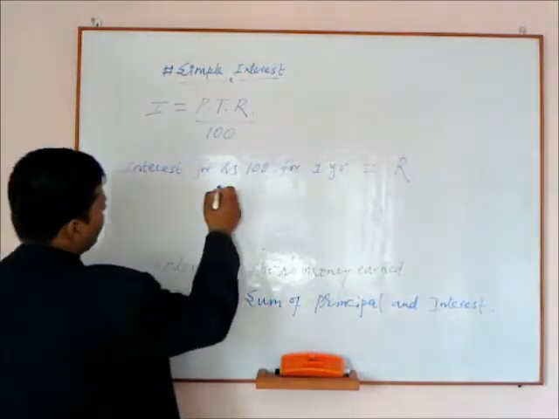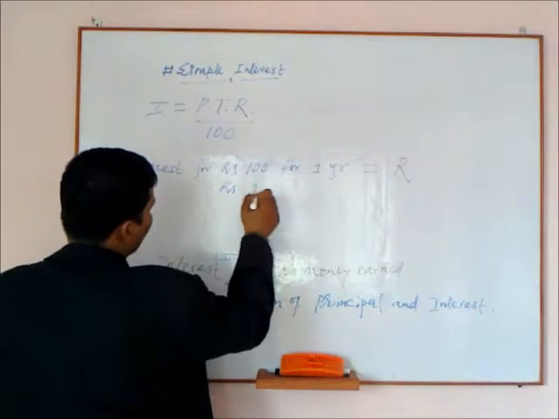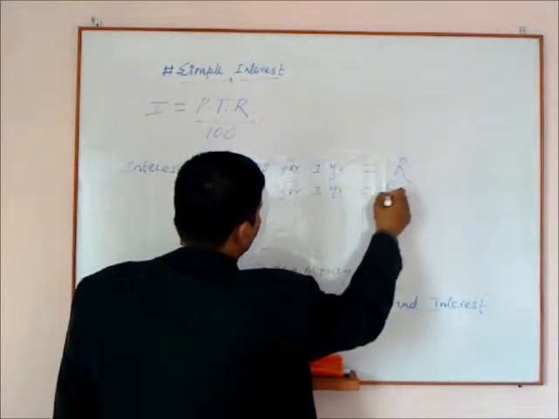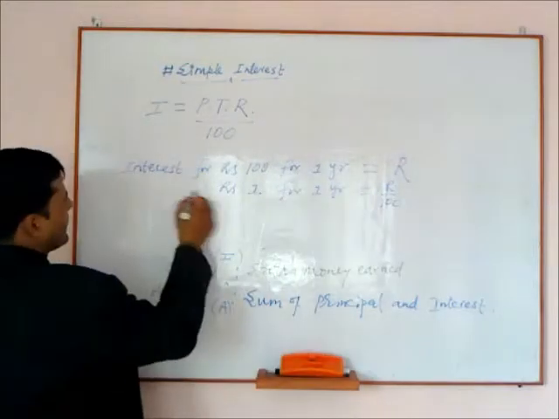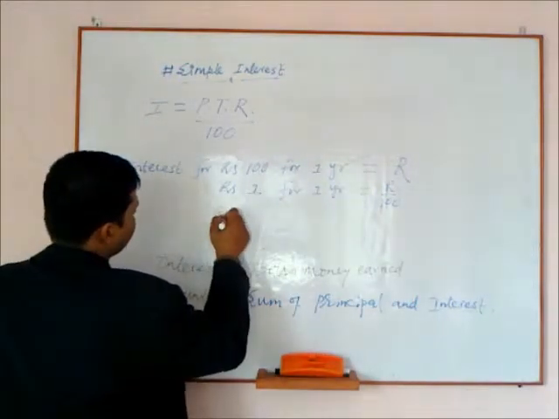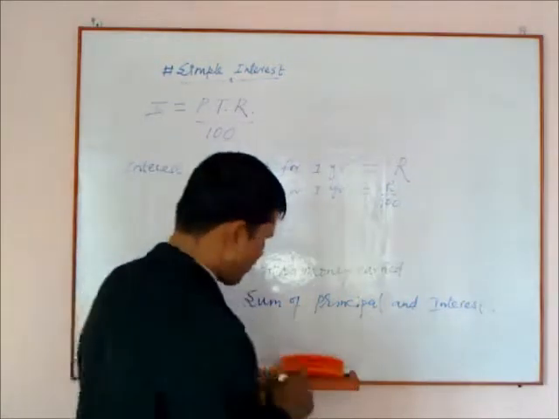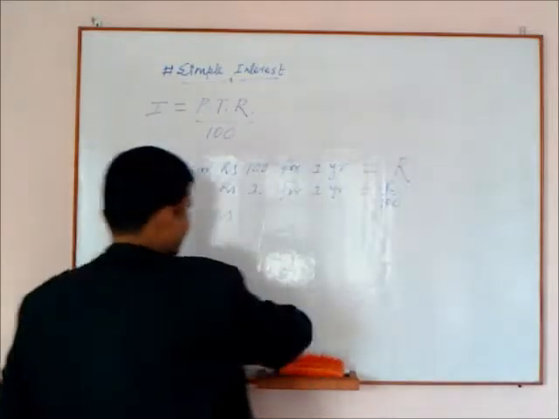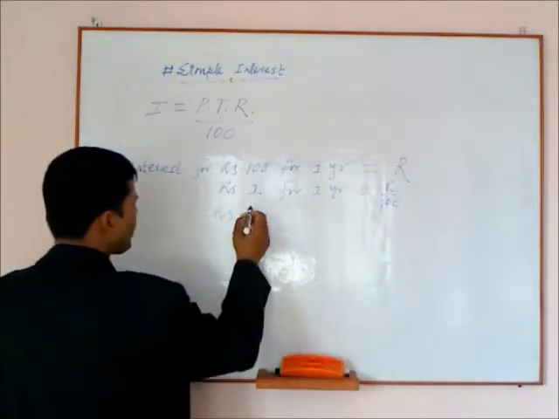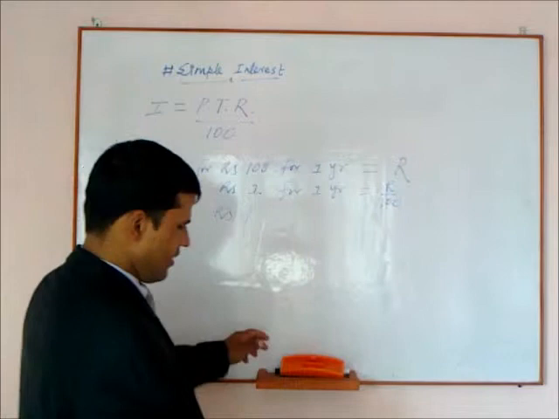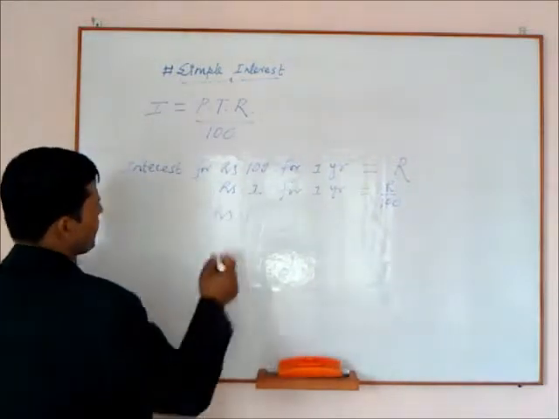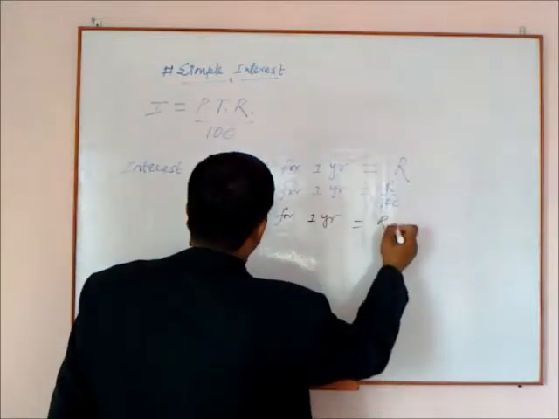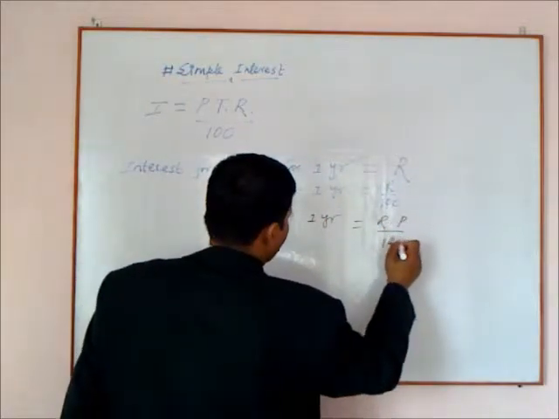Then interest for rupees 1 for 1 year equals R by 100. Then the sum of money can be any, so let the sum of money be P. Then interest for rupees P for 1 year equals R times P divided by 100.